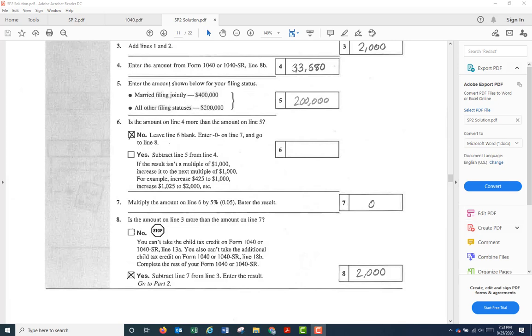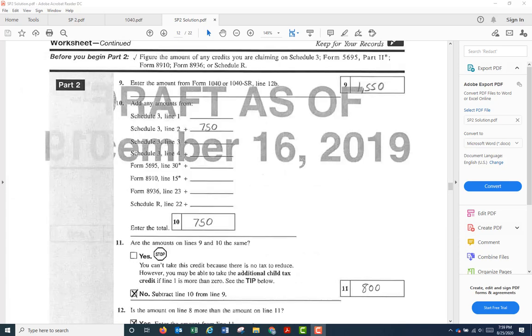At this point, we have determined the child tax credit could possibly be $2,000 and it's not subject to any phase out. But remember, the key is possibly. We have to see if we can use all of this $2,000 for the credit. In line 8, it states go to part 2. Right now, from part 1, we know that we have $2,000 of child tax credit that we can use.